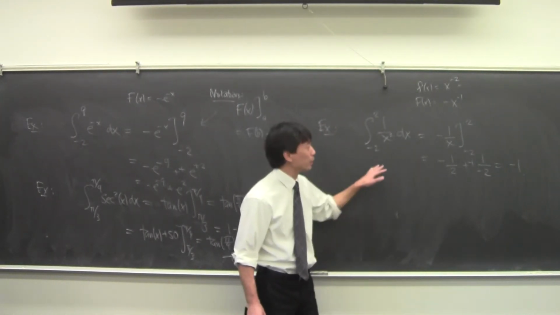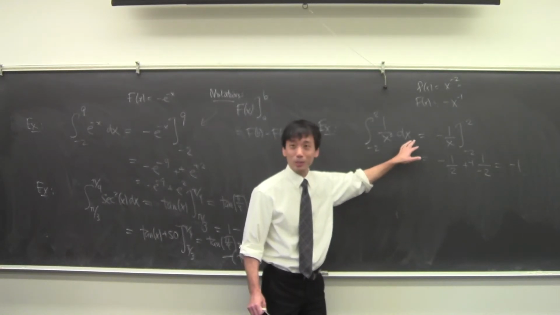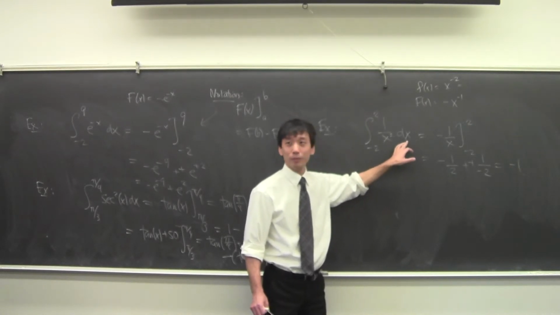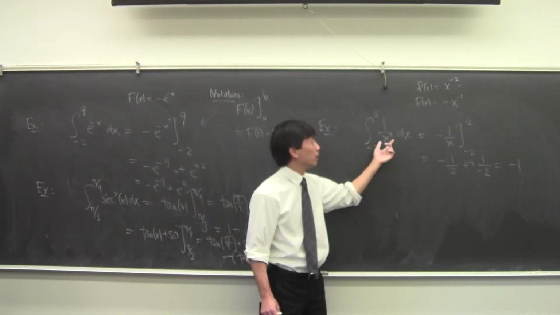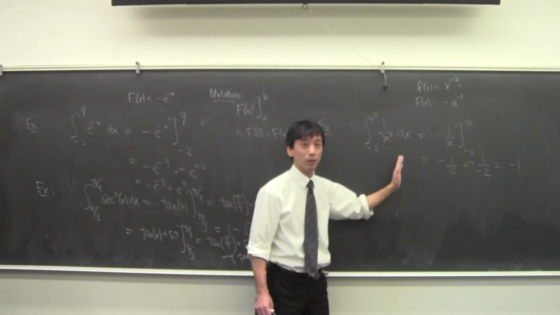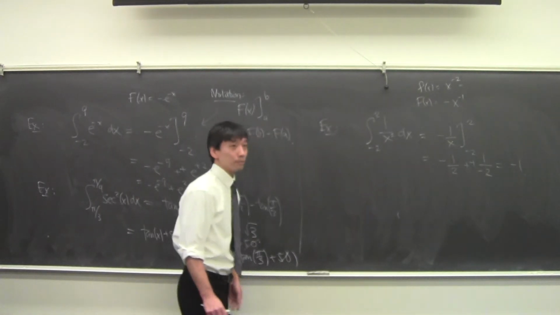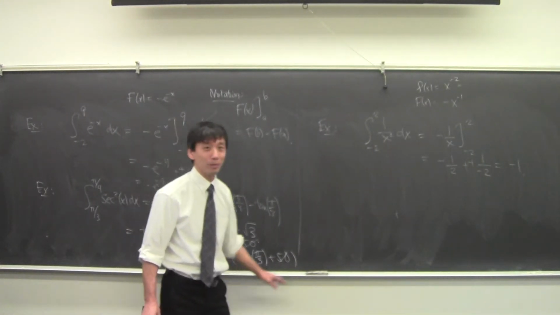Okay. So the moral is about the fundamental theorem of calculus: you can't just use it blindly. You have to satisfy the conditions of the theorem. You have to have a continuous function on that interval, with an antiderivative. So you have to know what you're doing.